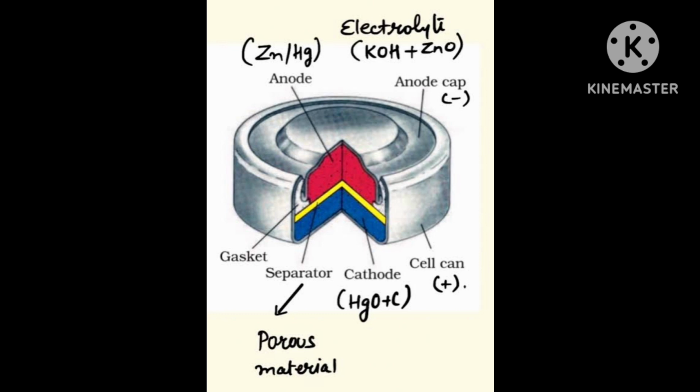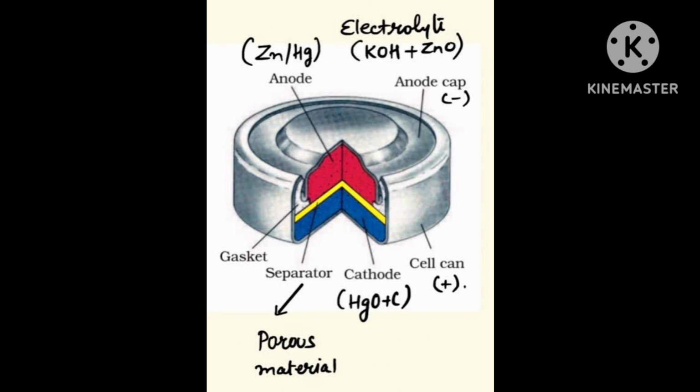Zn-Hg, Hg meaning amalgam, will remain, plus HgO on the left side. That is Zn-Hg was there at the anode, and HgO at the cathode. Both are on the left side, and on the right side ZnO plus Hg, the liquid, will remain.